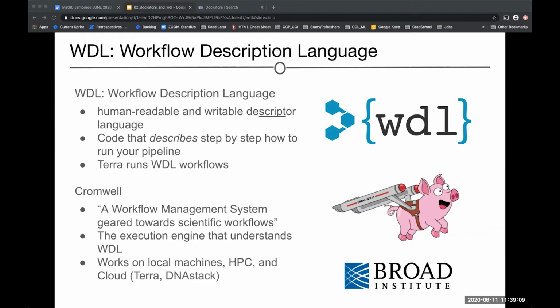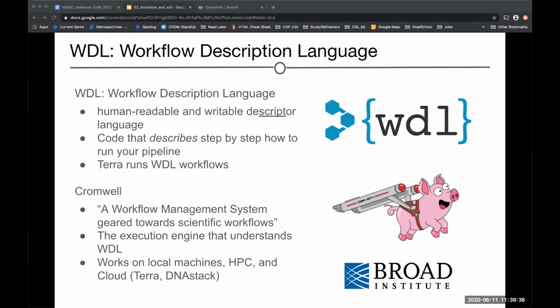Terra runs WDL workflows, hence workflows compatible with the AnVIL ecosystem are written in WDL. And Cromwell is a workflow management system geared towards scientific workflows, which basically means it's the actual execution engine that understands WDL. It'll basically translate your WDL in a way that the computer can understand.